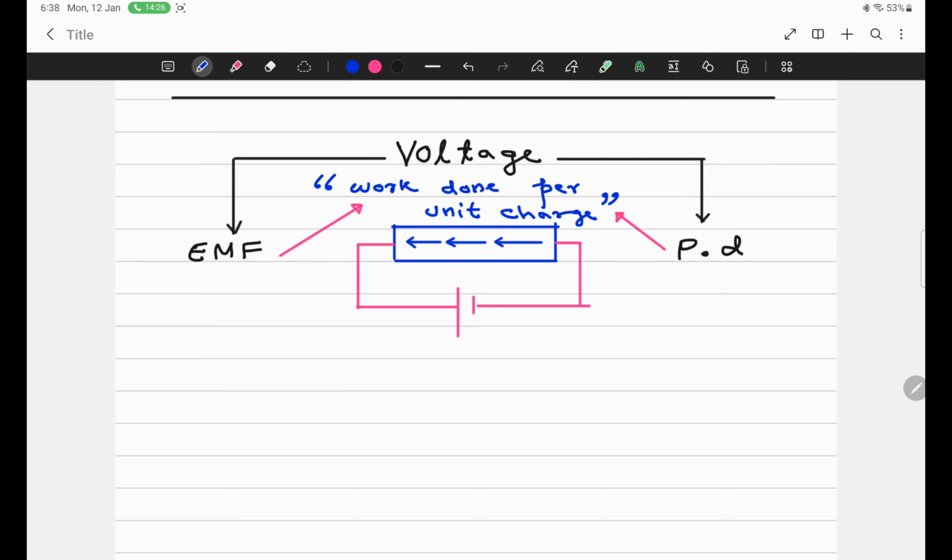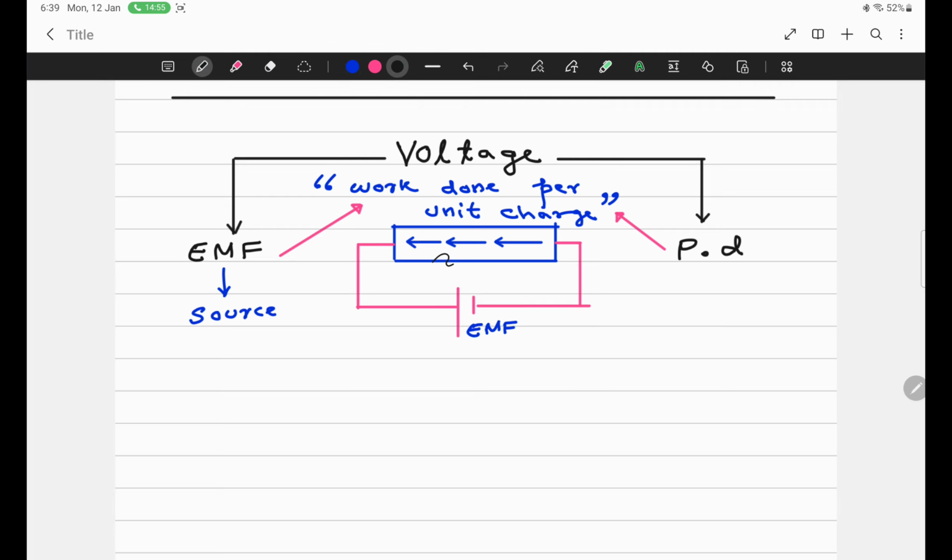And when we solve the questions properly, then I will especially differentiate the difference between EMF and PD. But simply I can say, sir, EMF is work done per unit charge at source. The source generates electricity, and work done per unit charge at source is called EMF.